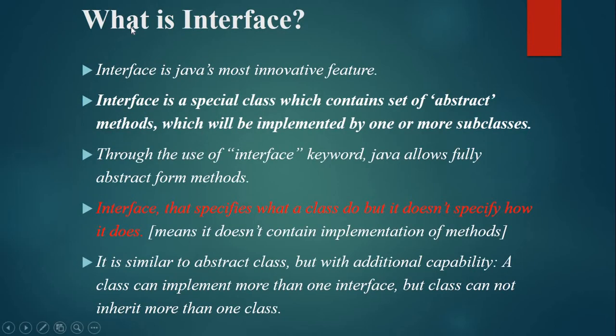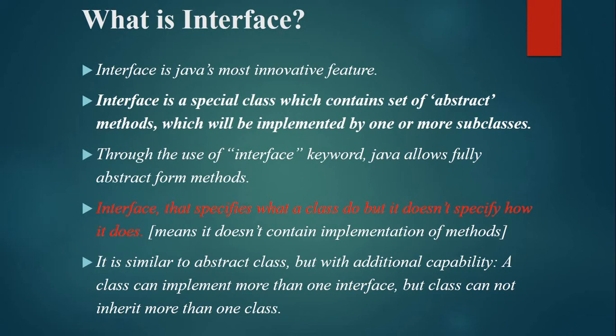Now we will learn about the interface. Interface is one of Java's most innovative features. Interface is a special class which contains a set of abstract methods which will be implemented by one or more subclasses. It means that an interface can have methods, but only the declaration part will be there.